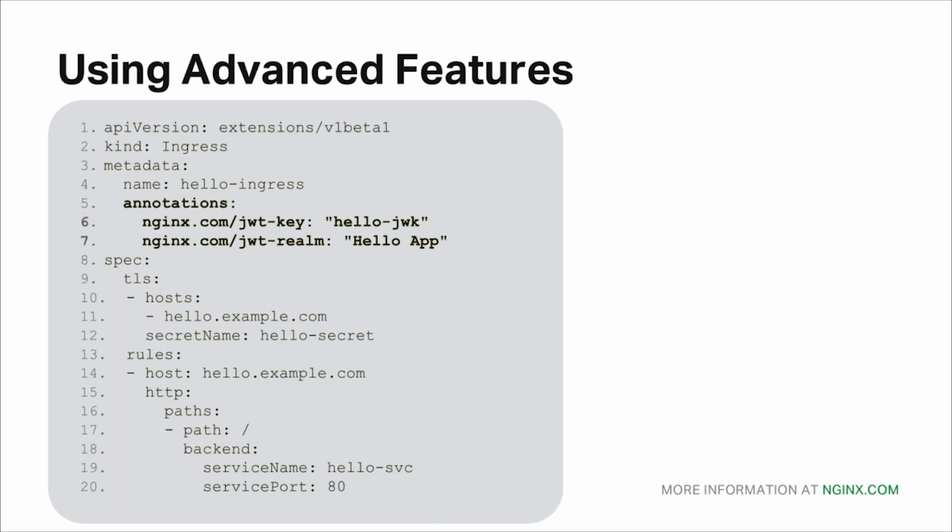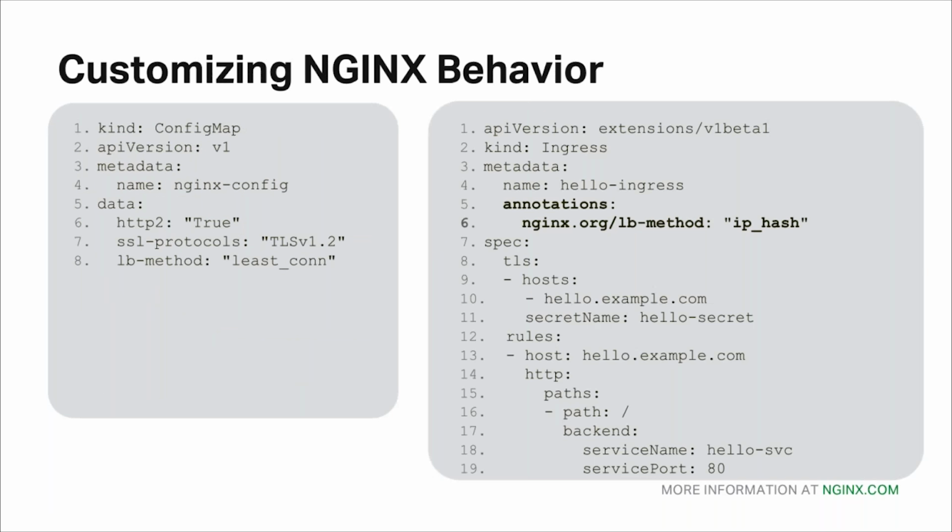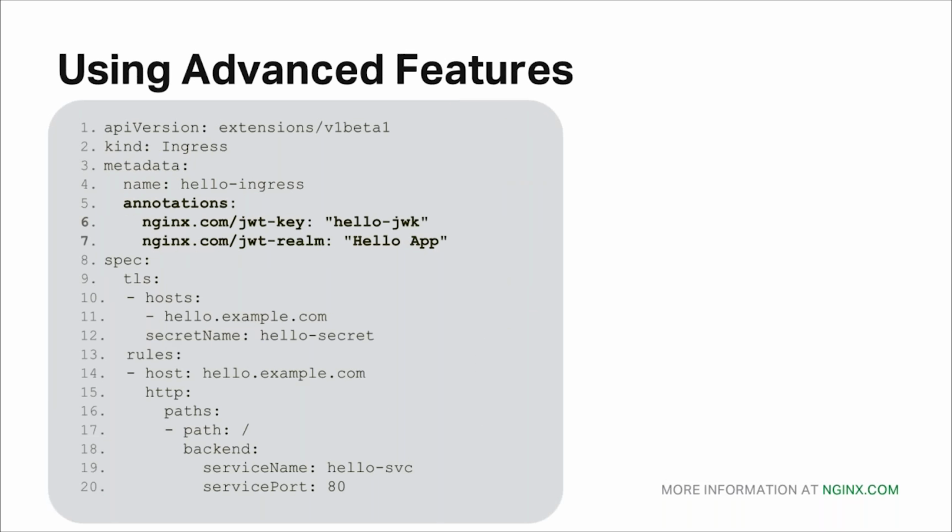Be aware that the annotations that work for both NGINX open source and NGINX Plus are prefixed with nginx.org, as an example here, and annotations that work only for NGINX Plus are prefixed with nginx.com. And in this example, we have the annotations that work only for NGINX Plus.